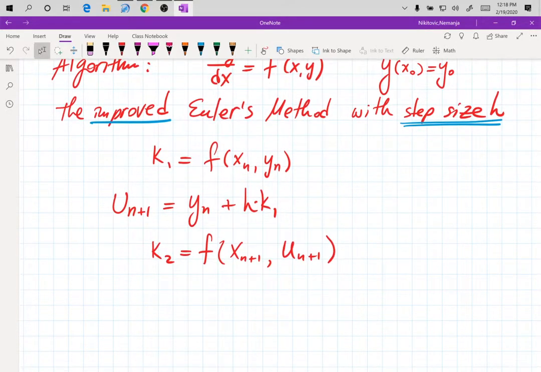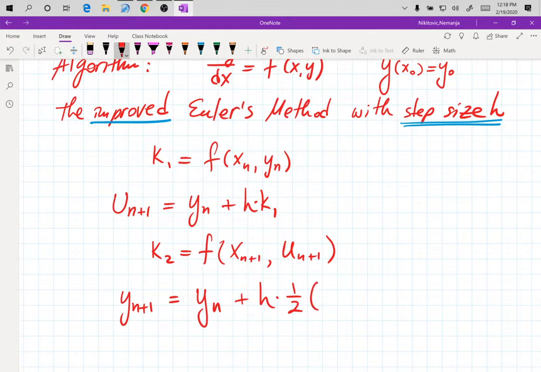And finally, that will give you your y(n+1), which is the next value. And that is yn plus h times 1/2 of K1 plus K2. I hope you see a little bit of a midpoint there. If you go through the proof, especially if you're a math major, read this half a page in a book prior to this.